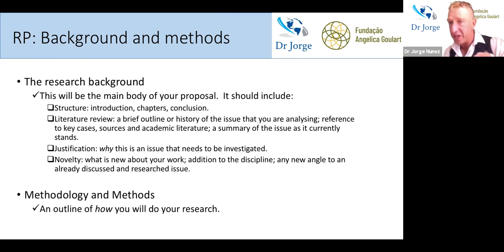You will have to do research about that particular item, and again, we'll talk about how to do this. And you will have to gather that information, and to, between inverted commas, translate that information into writing. You will have to somehow incorporate that in your academic paper or in your book or in your PhD.